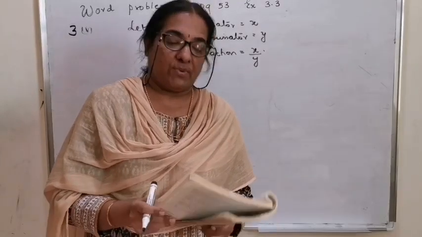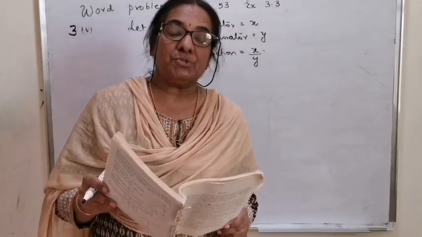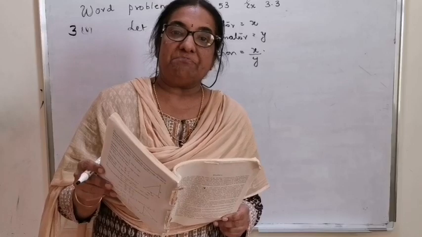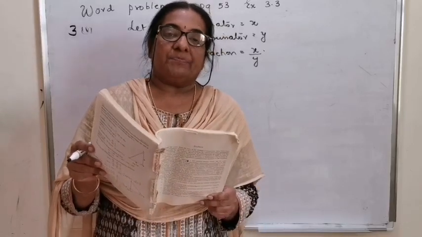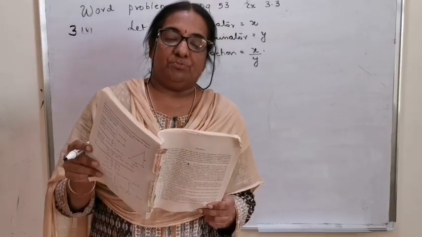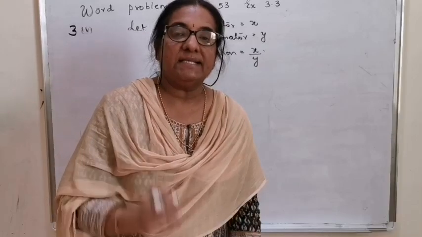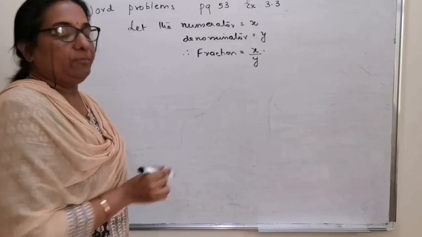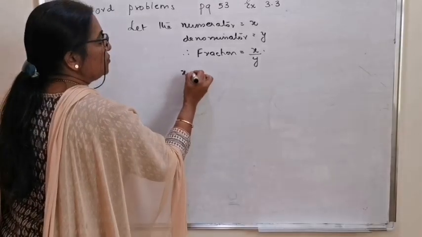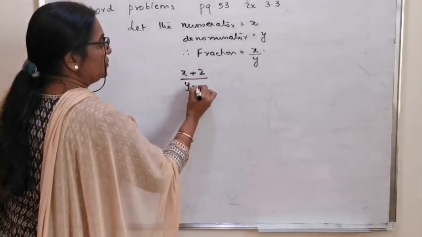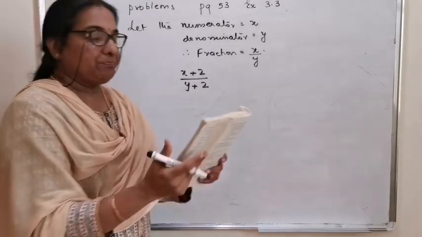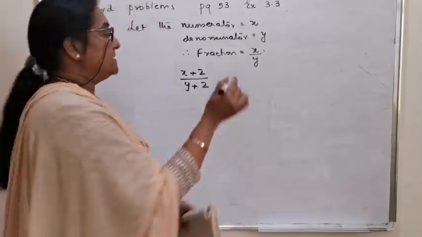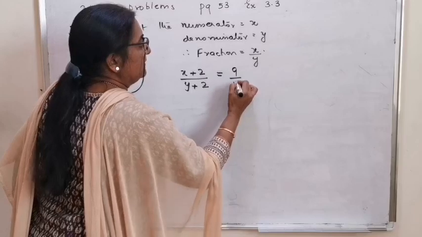Now to form the equations, they have given you two statements. A fraction becomes 9 by 11 if 2 is added to both numerator and denominator. That means 2 is added to both numerator and denominator, and the new fraction becomes 9 by 11.